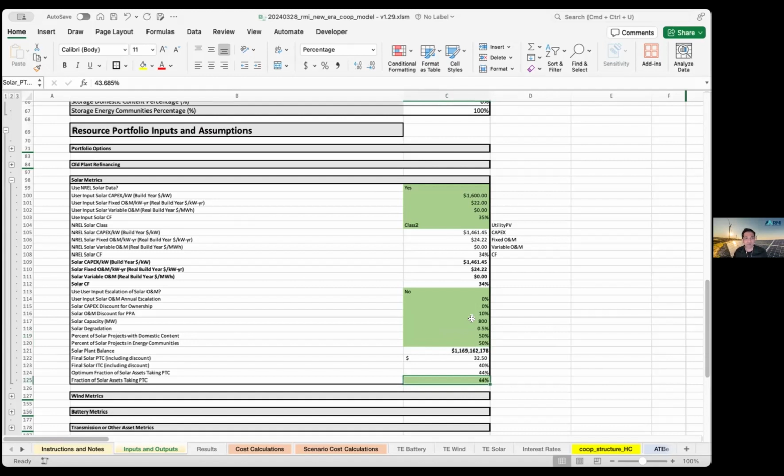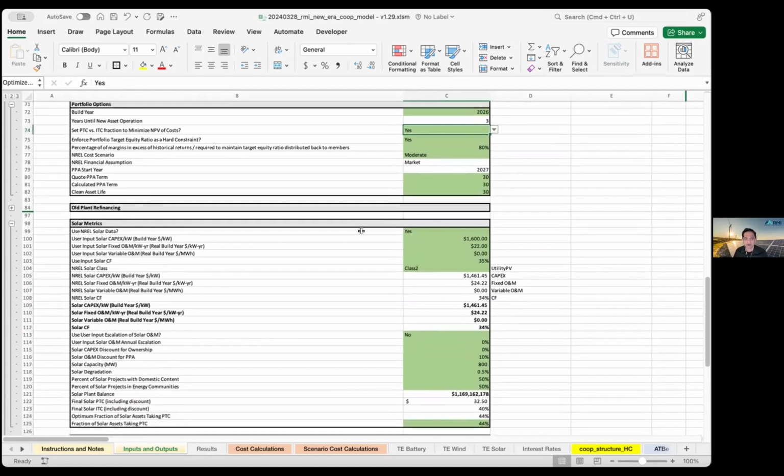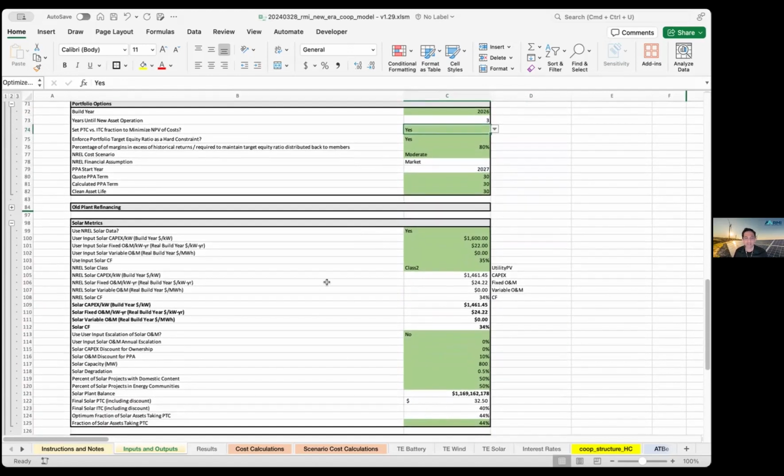If you selected yes in row 74 in portfolio options, the model is going to try to do this optimization on the fraction of solar taking the PTC on its own, to give you a sense of what fraction you should use. But if you selected no, you're going to want to select your desired or expected fraction of these assets that will take the PTC rather than the ITC.